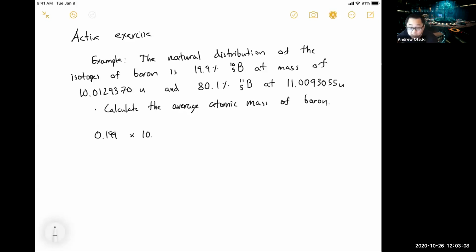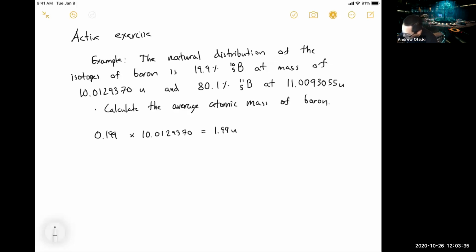We're going to keep all the digits, and our sig figs are limited by our percent, which is an exact number that was reported, so we're going to use 3 sig figs. So we get 1.99 atomic mass units contributed by boron 10.